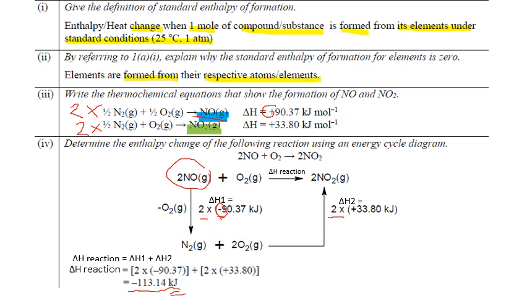So based on this energy cycle diagram, you notice the enthalpy 1 plus the enthalpy 2 equals the enthalpy of reaction. So you must write out enthalpy of reaction equals enthalpy H1 plus enthalpy H2. So substitution, and then the final answer is negative 113.14 kilojoule.